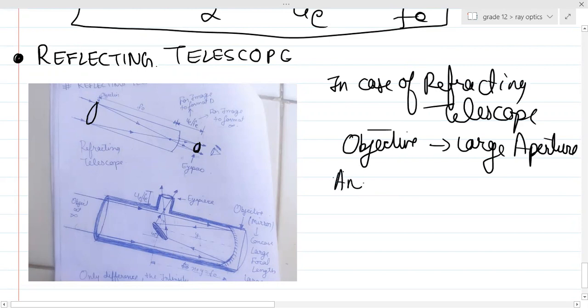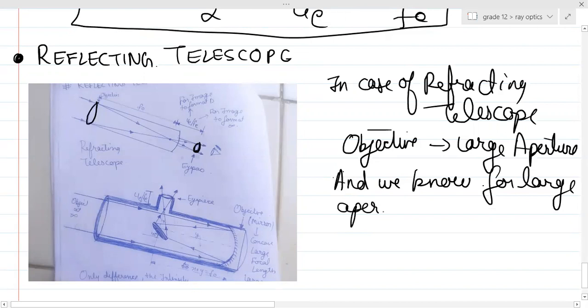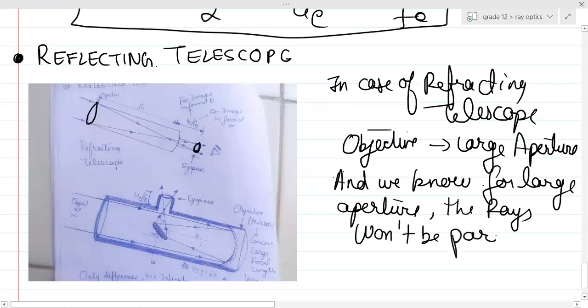And we know this particular thing. Whenever there is large aperture, the rays won't be paraxial. If the rays won't be paraxial, will they meet at focus?